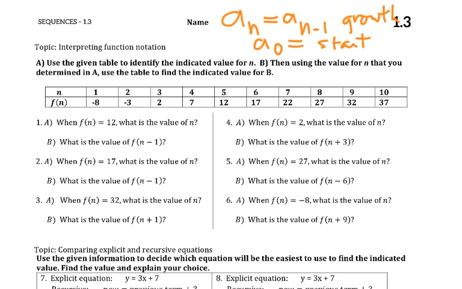Okay. Now, function notation is very similar. Instead of a sub n, it has f and then parentheses of n. So it would be f of n.